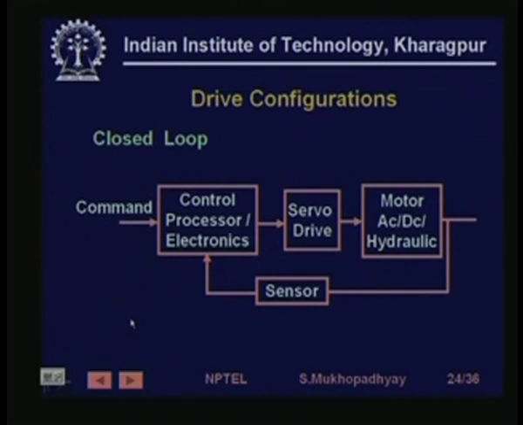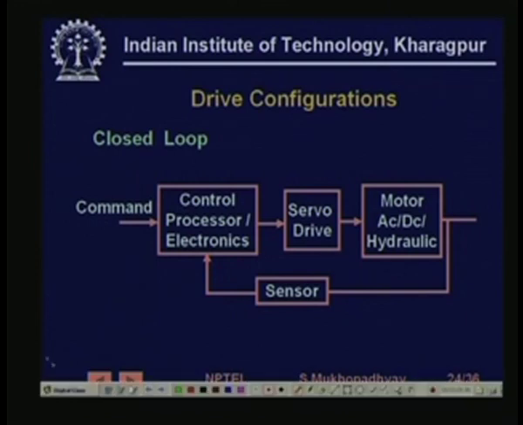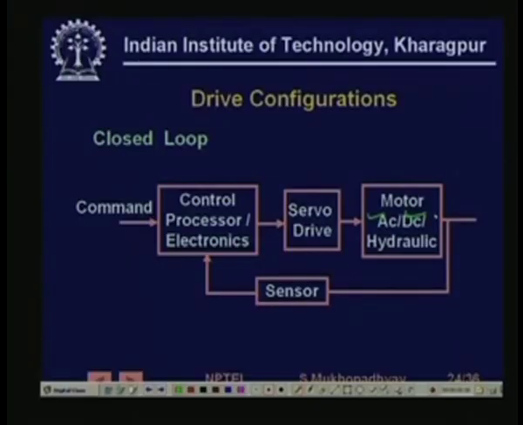So you have the usual motor, which can be AC or DC, or sometimes what we know as a brushless DC, which is actually an AC motor but which behaves like a DC motor. So it has the advantages of both worlds, or it can be a hydraulic motor also.